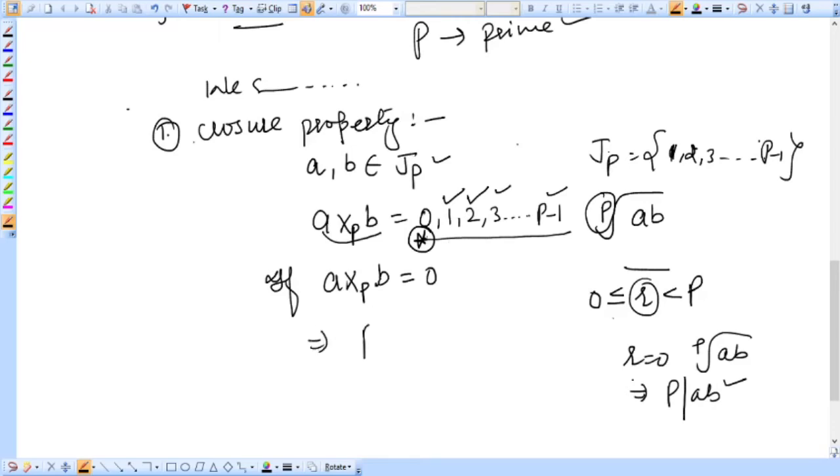So we have a lemma that is known as Euclid's lemma. If a prime number p divides ab, then that prime number divides a or b.